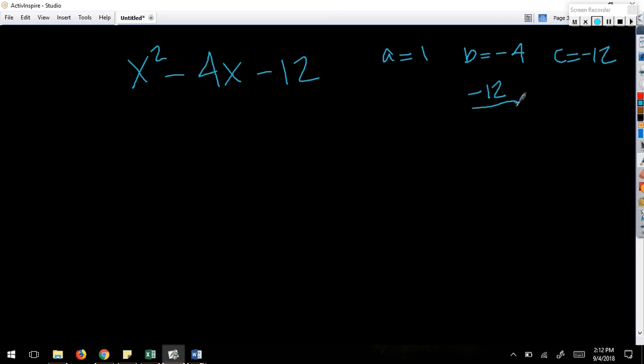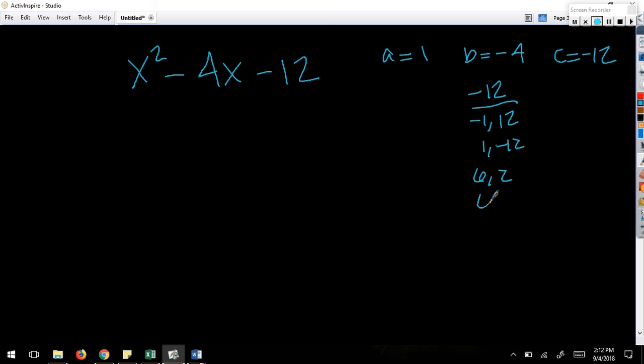I need two numbers, and here's where it gets tricky. It's got to multiply to negative 12, but add to negative 4. What's the only way you can get a negative number when you multiply? One's negative and one's positive. So I could have 1 and 12 this way or that way.